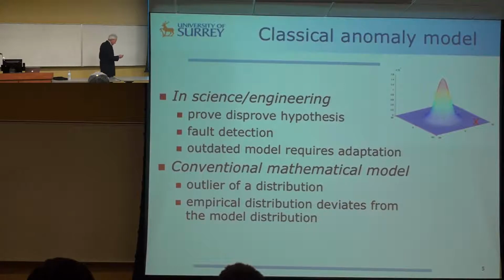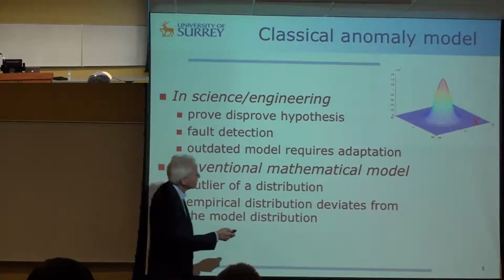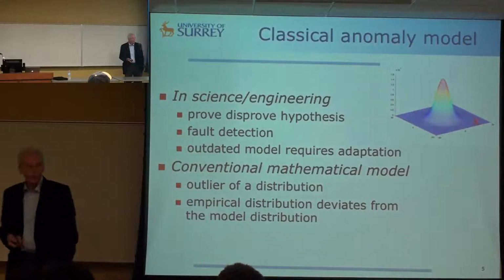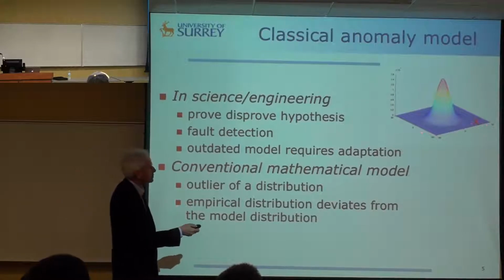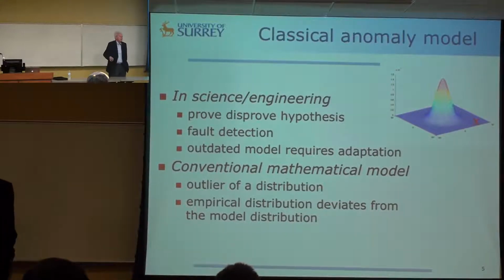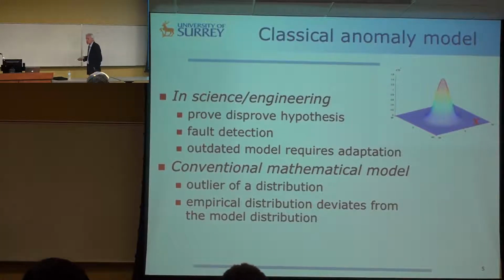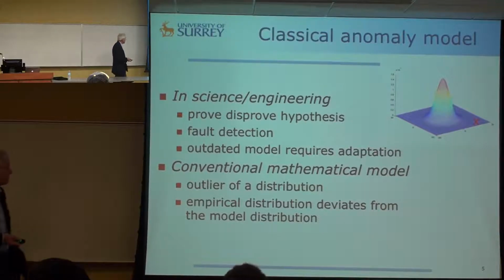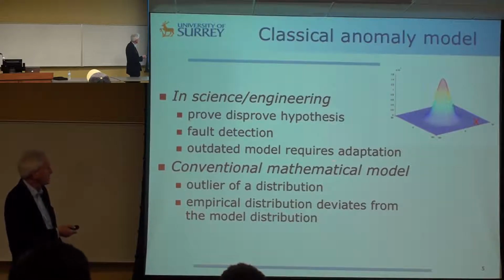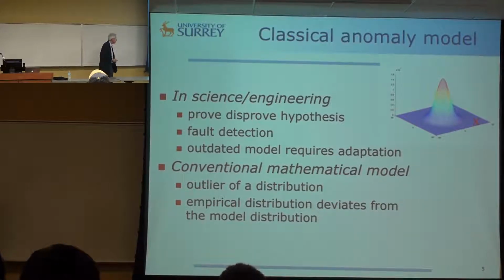Then, if you make an observation somewhere out here, away from the distribution of the measure that we work with, then obviously this observation is not consistent with our statistical distribution. We would say it is an outlier of the distribution, and it represents some anomalous situation. So this is the standard way of formulating the problem of anomaly in a mathematical way, as an outlier of a distribution.